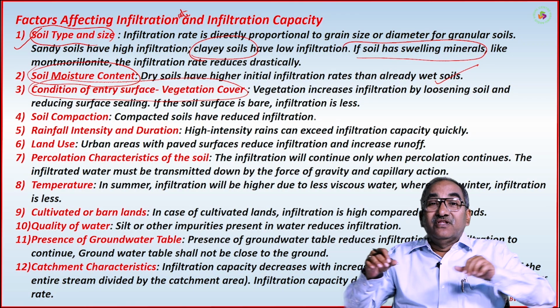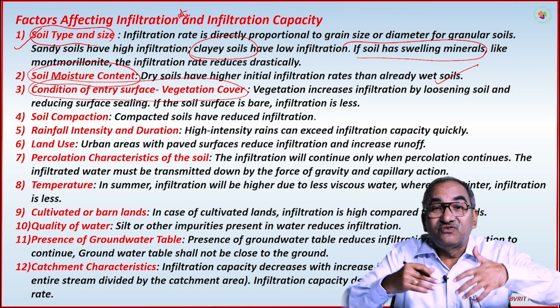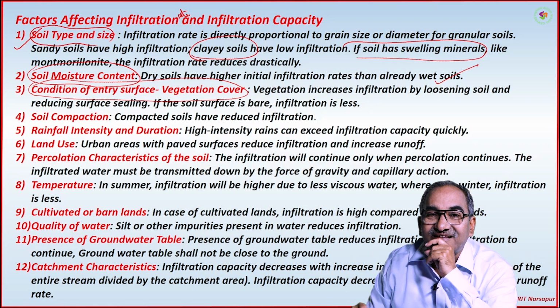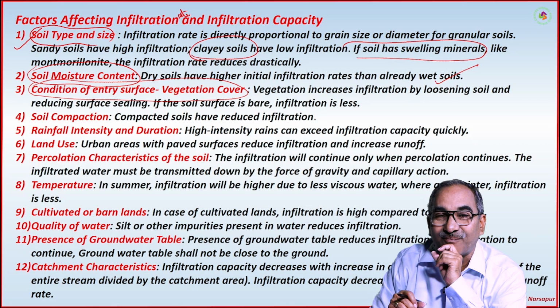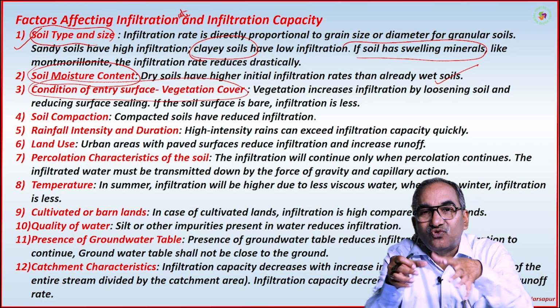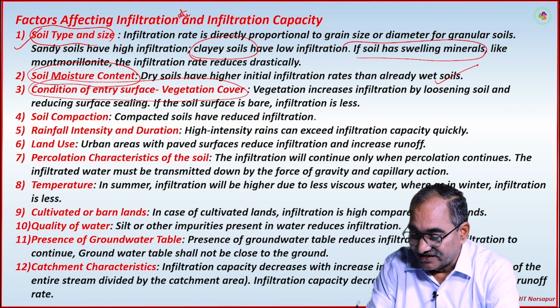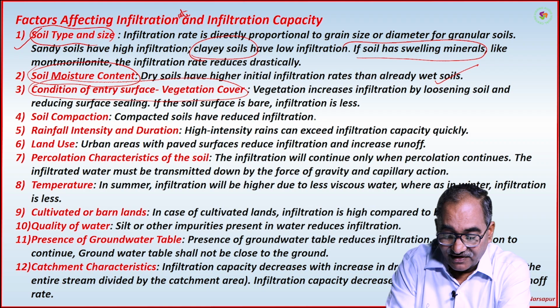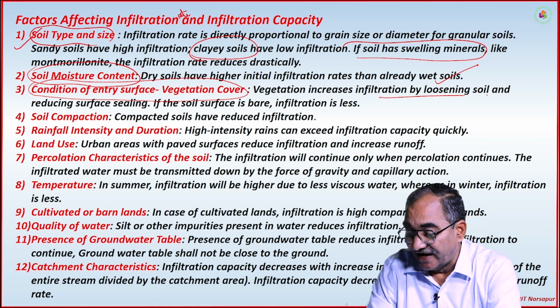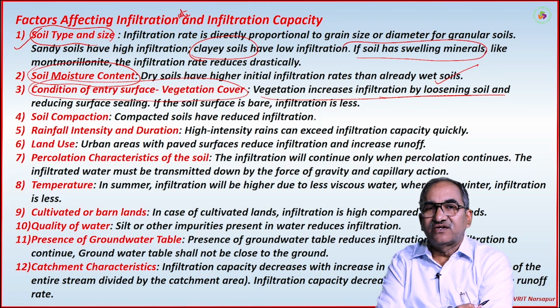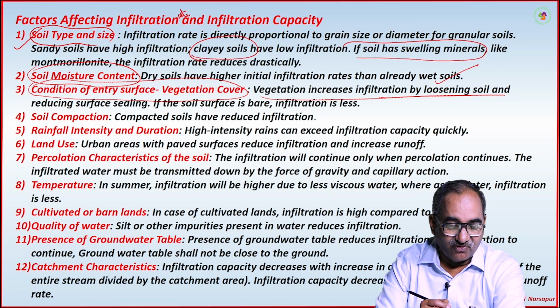For example, if you have a grassland, the bottom soil is automatically in loose condition, so the infiltration rate is high. Vegetation increases infiltration. That is the meaning of that point.